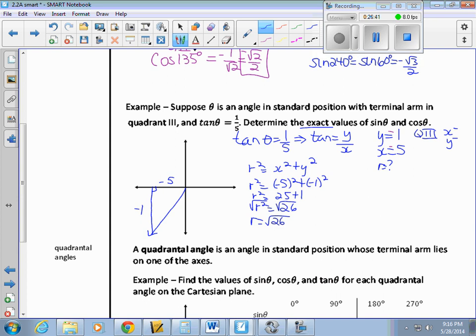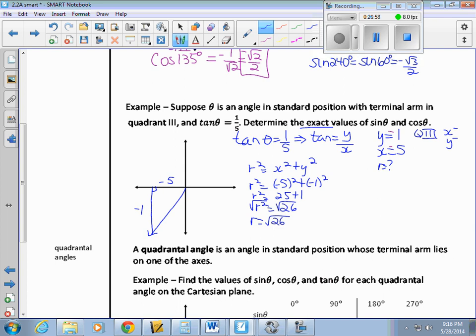And I know it's not 30, 60, 90 because I'm not using any of those ratios with square root 3 and 1. So I leave it at r is equal to square root 26. I can't reduce that any further, so it's just left like that.